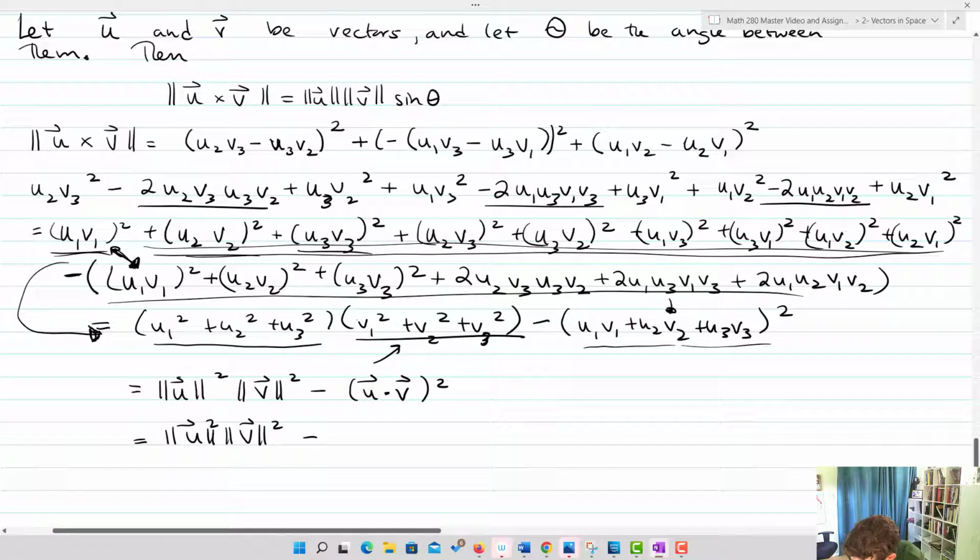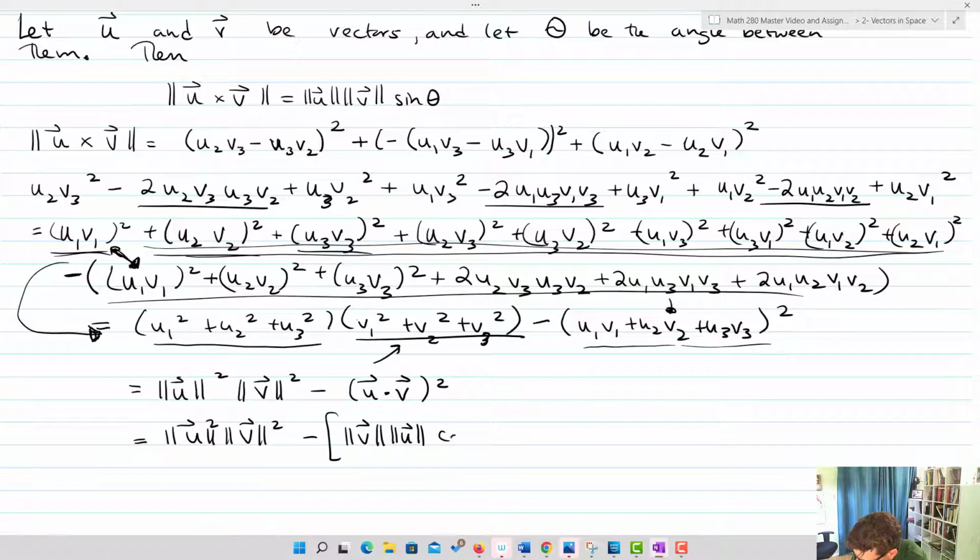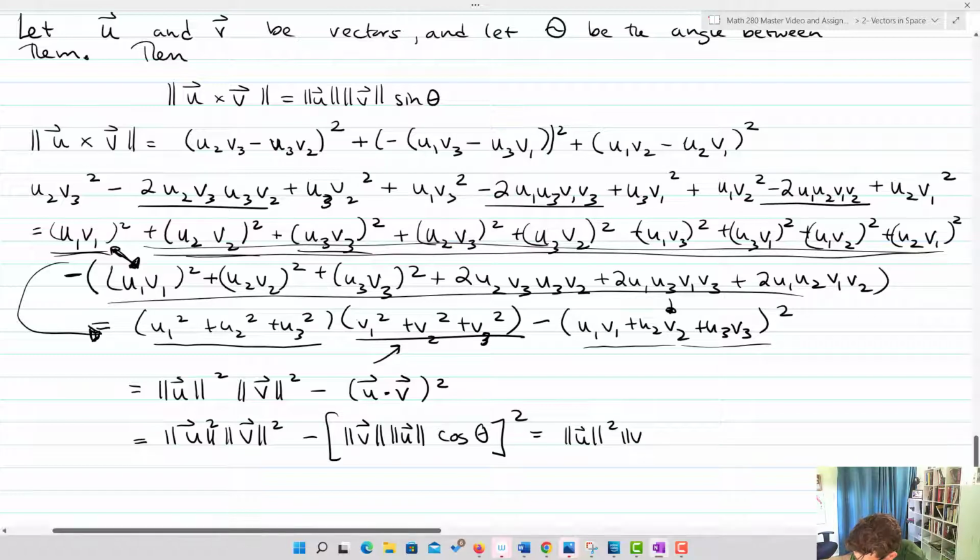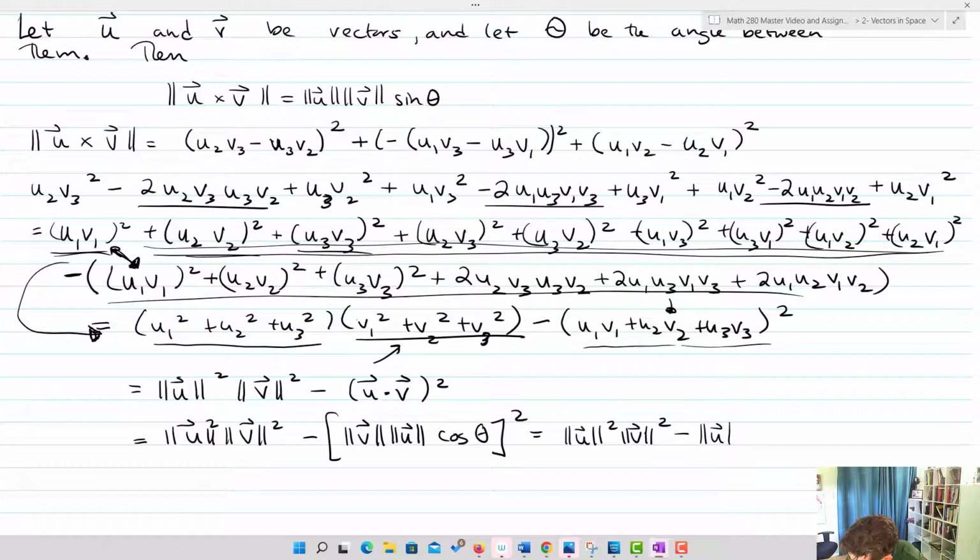minus, and the dot product is v u cosine theta, and then all of that squared, which is the magnitude of u squared, magnitude of v squared, minus the magnitude of u squared, magnitude of v squared, cosine squared theta.